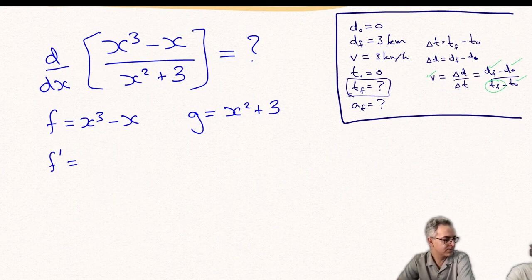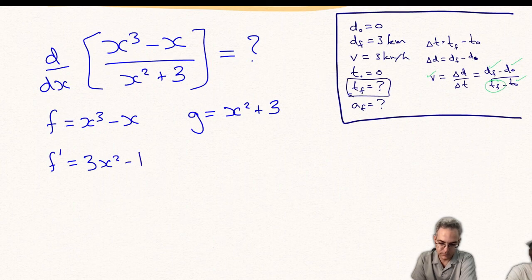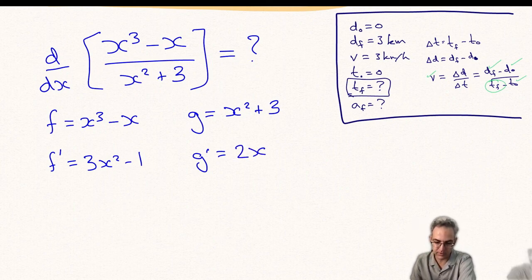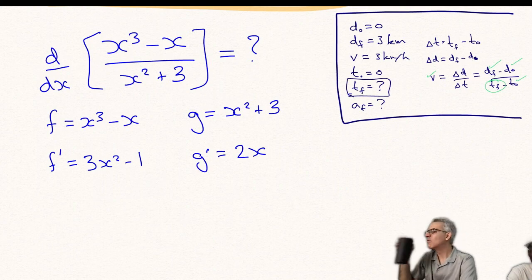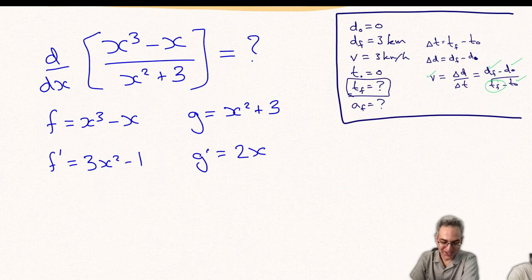F prime is 3x squared minus 1. And g prime is 2x. What about the plus 3? It's more like a constant. Yeah, so I think it's going to be 0. It's plus 0. Very good. Yeah. Just checking. All right.